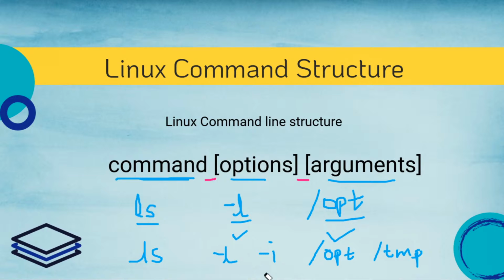Or you can club the options together. With a single hyphen, I can put two options together. But multiple arguments should always be separated by a space. So that's the command line structure, the syntax of commands in Linux.